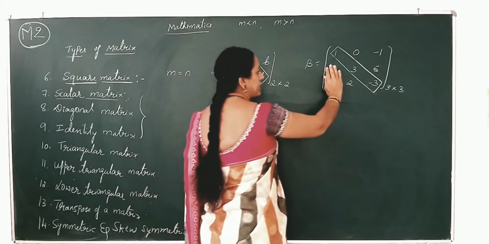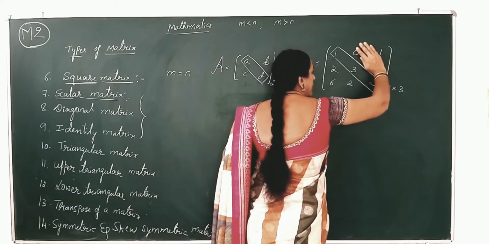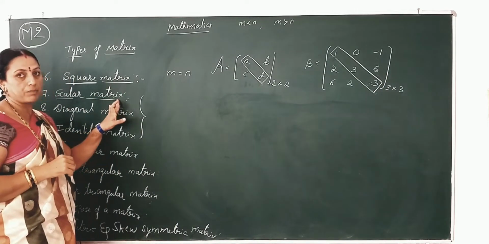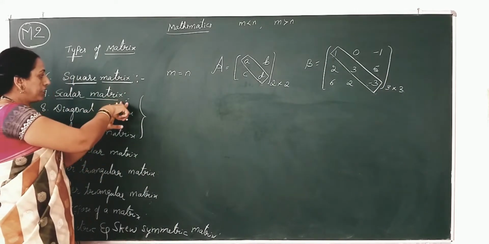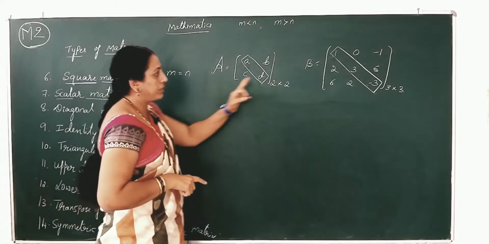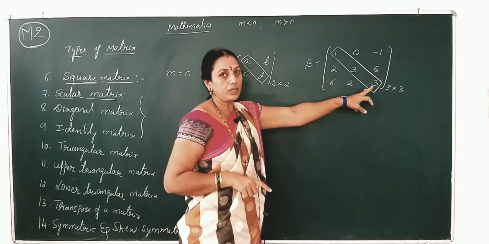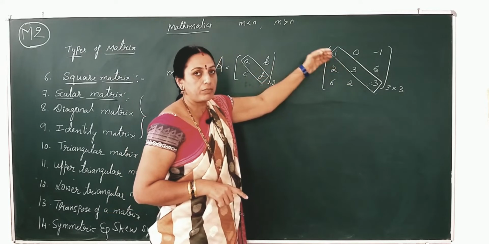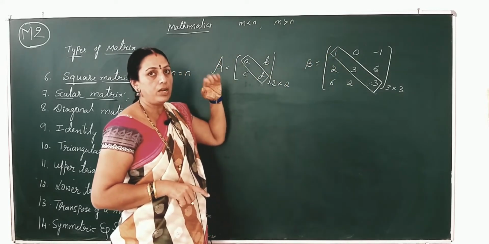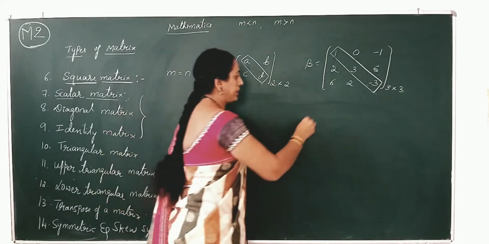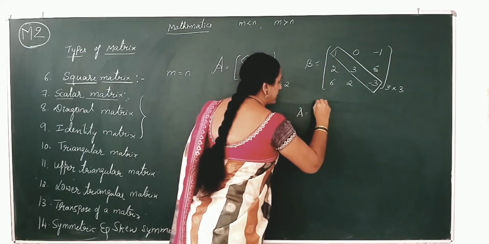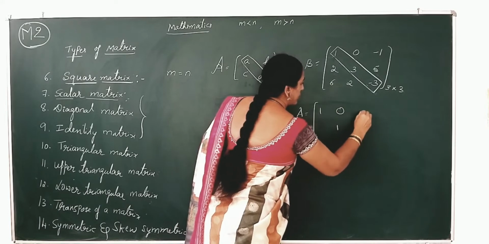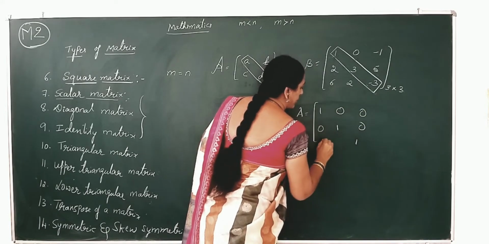If all these elements are 0, such a matrix is one of the scalar matrices. In particular, the principal diagonal elements should be the same elements. Some examples are 1, 1, 1, 0, 0, 0, 0, 0, 0.